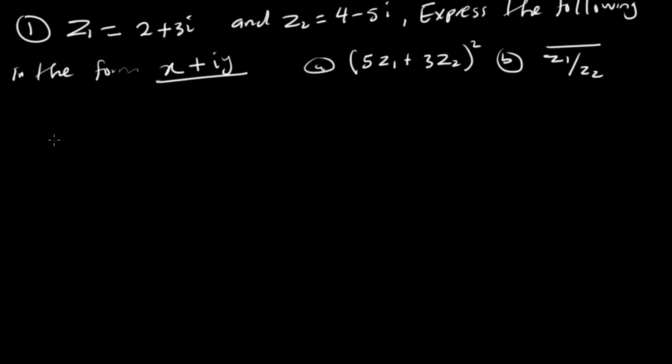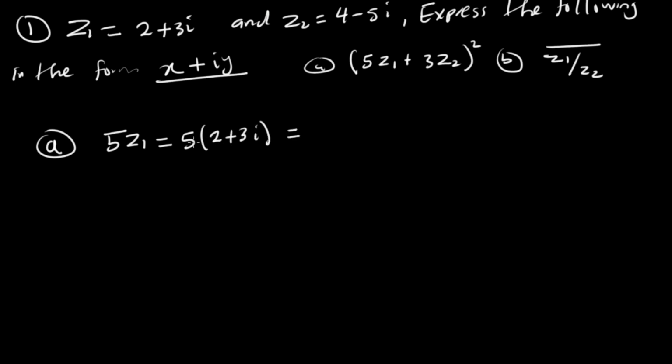Now, the first one, let me use A. We have 5z1 plus 3z2, everything squared. Let me start with one after the other. We have 5z1, that is 5 multiplied by z1, where we are scalar multiplying a complex number: 5 into bracket 2 plus 3i.